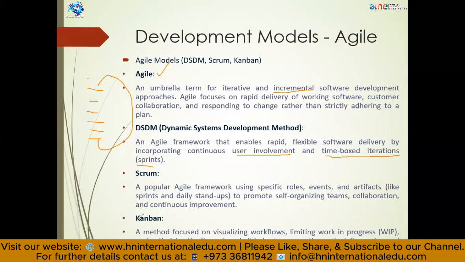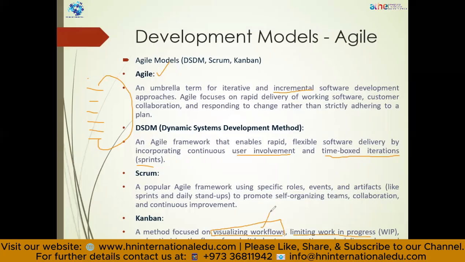better product. Kanban is a method focused on visualizing workflow, limiting the work in progress. WIP means work in progress, and optimizing the flow of work. So basically, if we want to optimize our work, optimize the time in any project, then we will go for this approach, because in this approach, we will visualize the progress rate of our project.